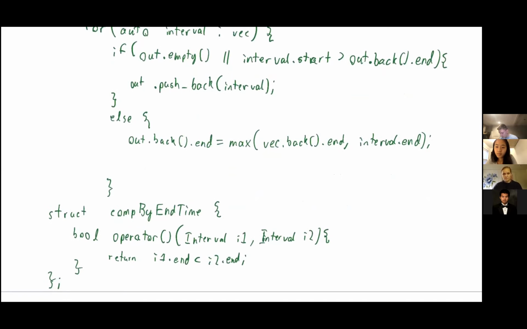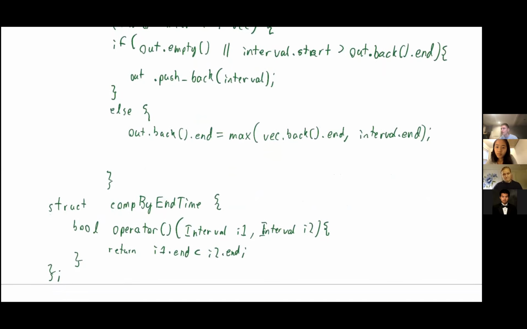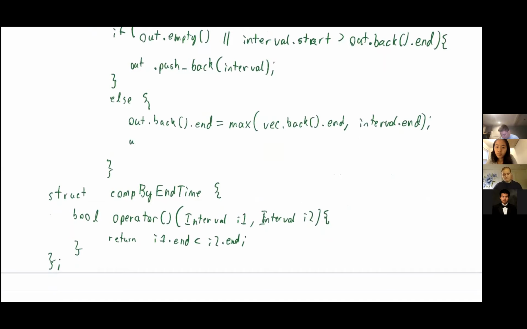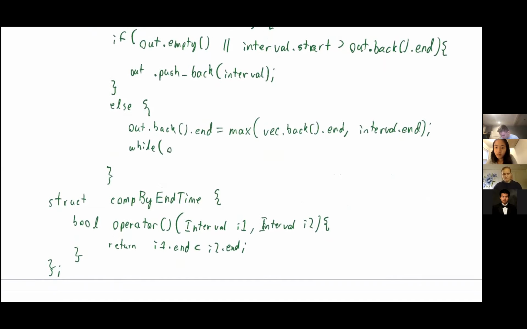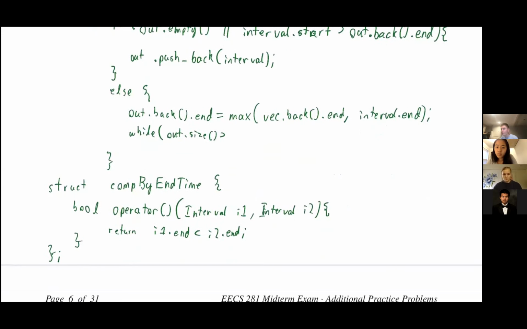So I think the way that makes most sense to me is going to say while out.size is greater than 1, right? Because we're only going to need this while loop if we have at least 2 intervals.